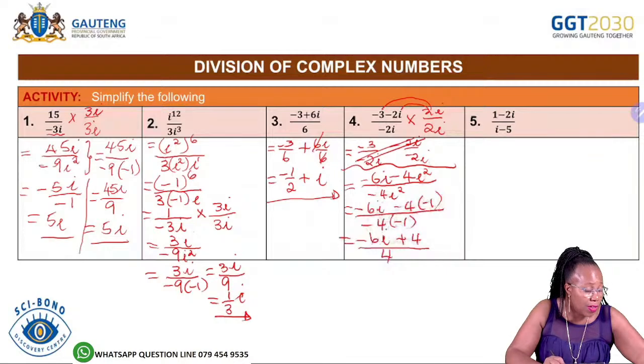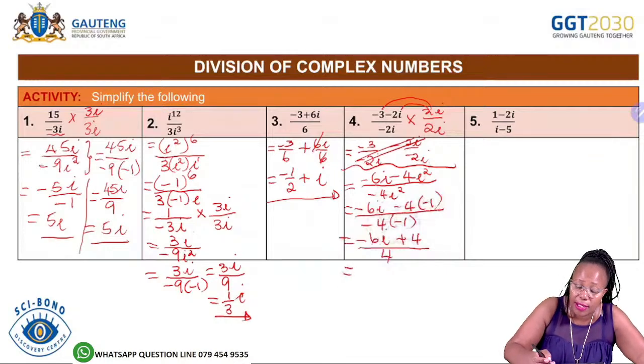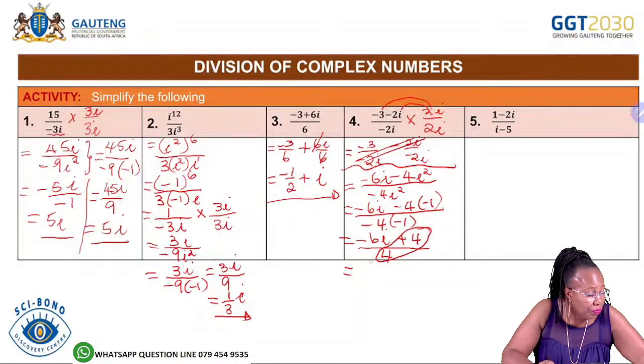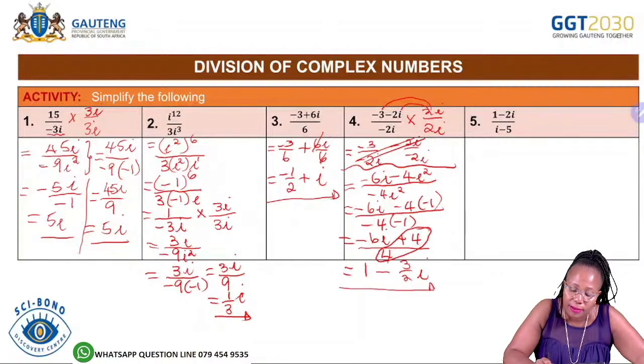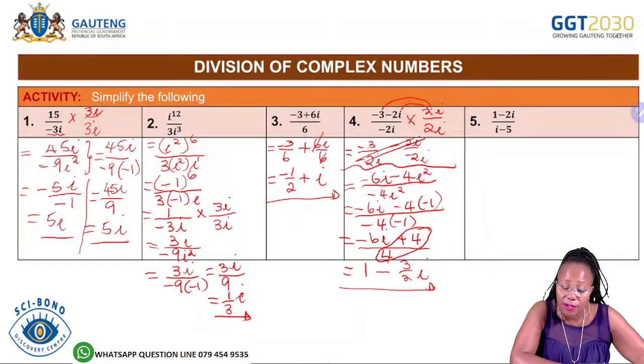And then if you want to split this into a and bi, we start with this one now. It will be 4 divided by 4, so the real part will be 1. And then the imaginary part will be minus 6 over 4, which is minus 3 over 2 i. Correct? And then now move on, grade 12, to the next question.